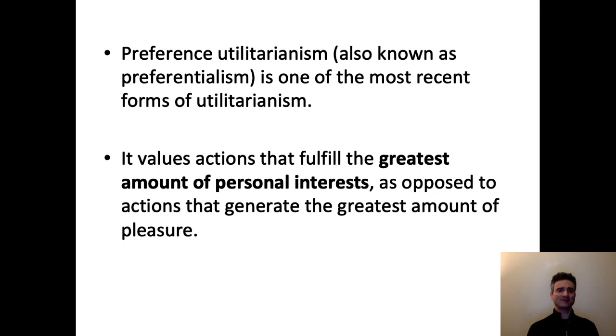Yes, we have to maximize preferences, but we have to take into account all individuals' preferences, all those individuals who have preferences. So what about men? They do have preferences. What about brown people? They do have preferences. What about white people? They do have preferences. What about chickens? They do have preferences. What about cows?